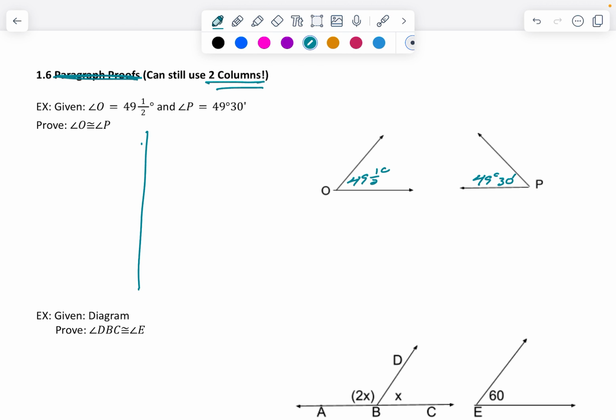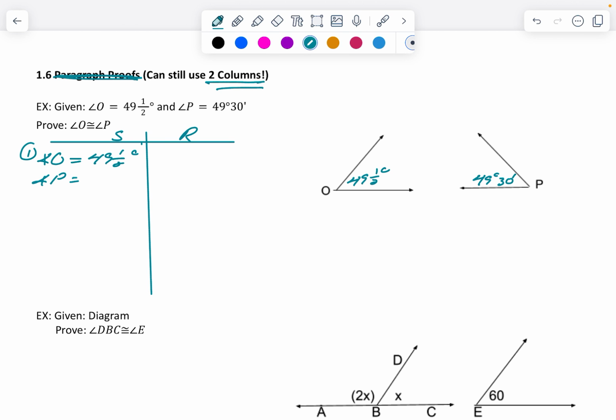And we want to prove that these 2 angles are congruent. So I'm going to start with my given here. Angle O equals 49 and a half degrees, and angle P equals 49 degrees, 30 minutes. Given. Number 2. All right, so we want to prove angle O is congruent to angle P.